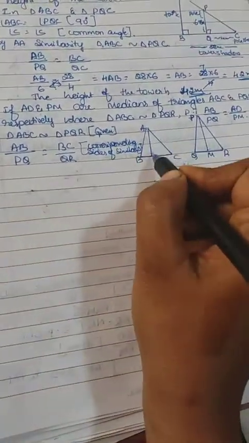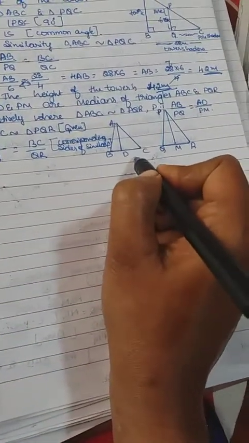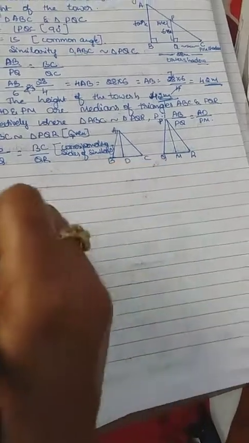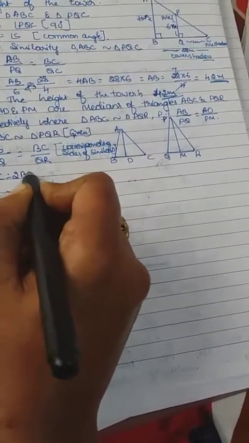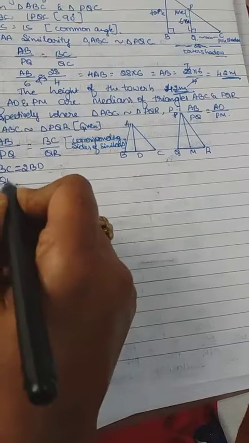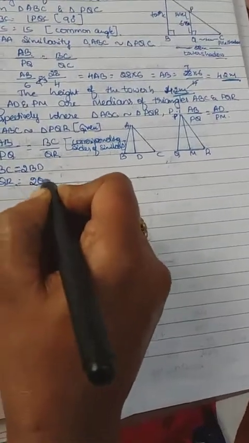If it is a median, in the sense it divides the sides equally, right? So we can write here BC equals 2BD, I showed you already how it will become. And QR equals 2QM. QM plus QM, 2QM, BD plus BD, 2BD.